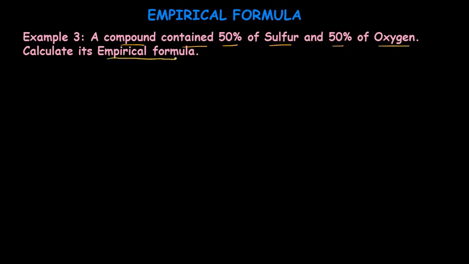Calculate its empirical formula. How are we going to calculate it? We first write both the elements separately, and then write the percentage of both elements below them. That is, sulfur is 50% and oxygen is also 50%.